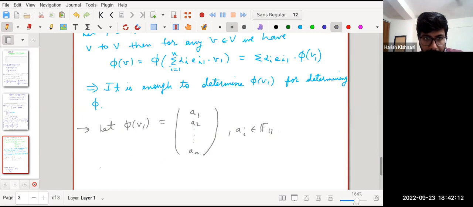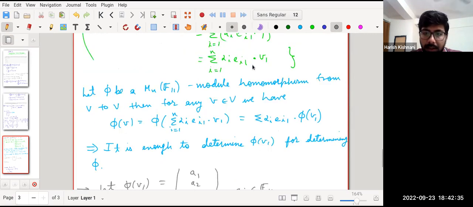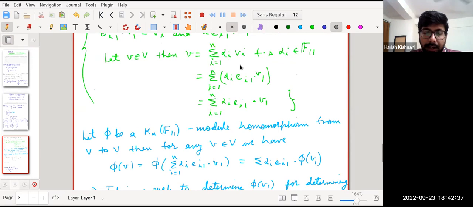Here you have just a single index, that is j, because you are assuming v to be a sum of alpha i vi, right?